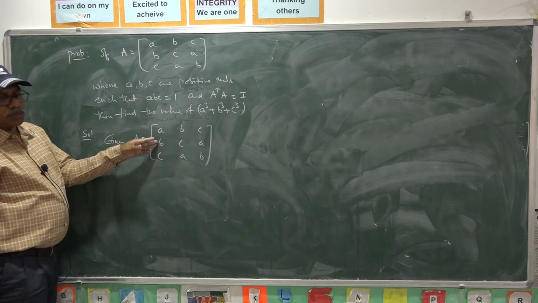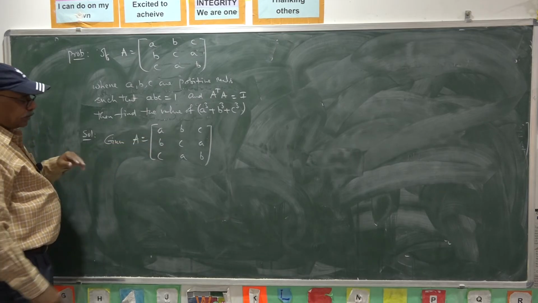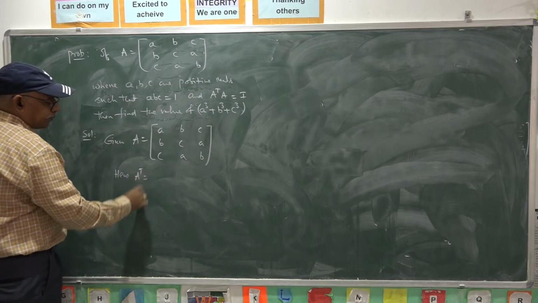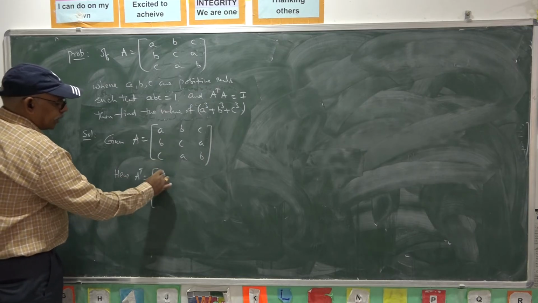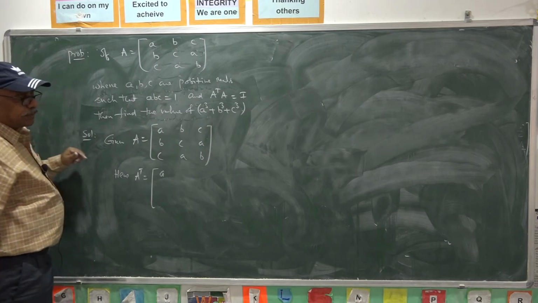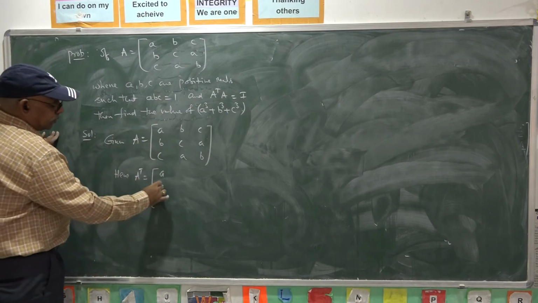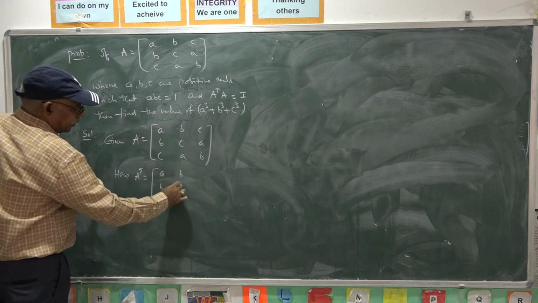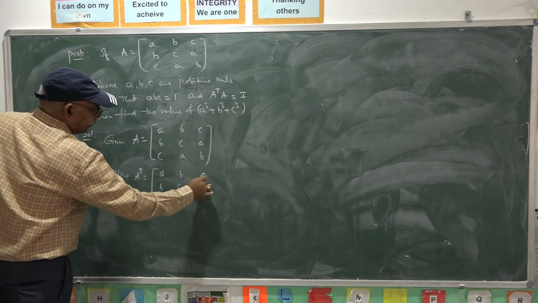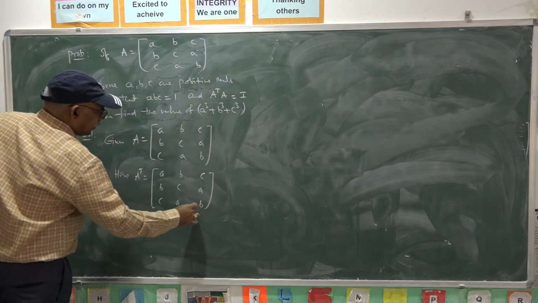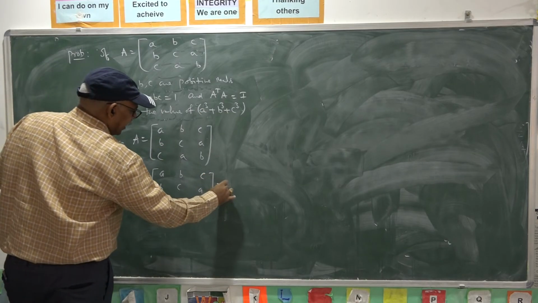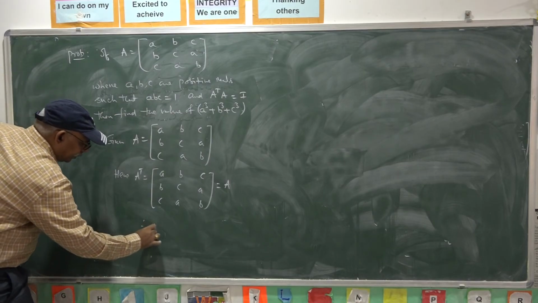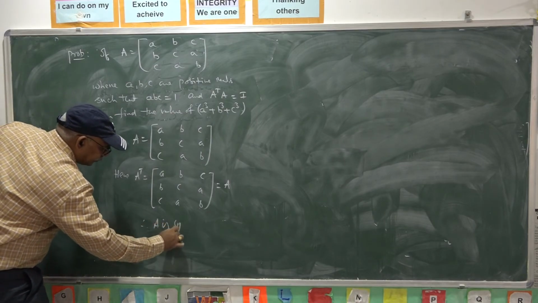Clearly this is a symmetric matrix, because the transpose of the matrix, once you change the rows to the columns, the first row becomes the first column, and we get the same matrix. So A transpose equal to A; A is symmetric here.